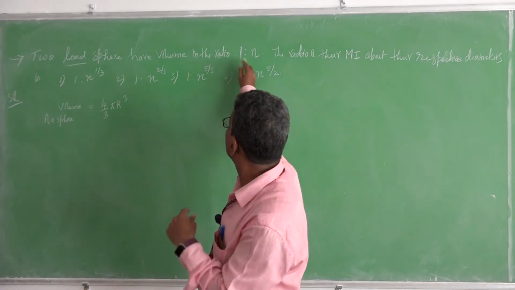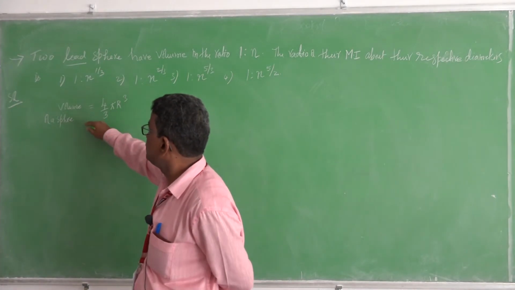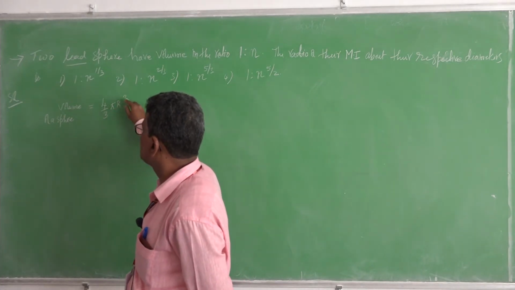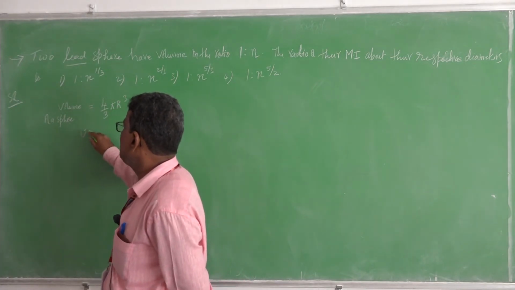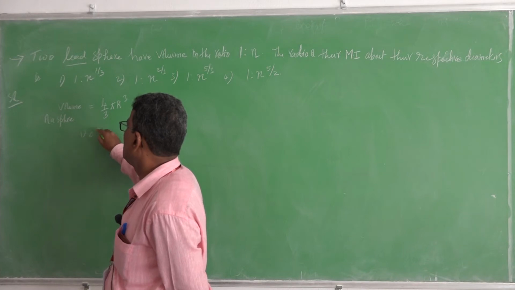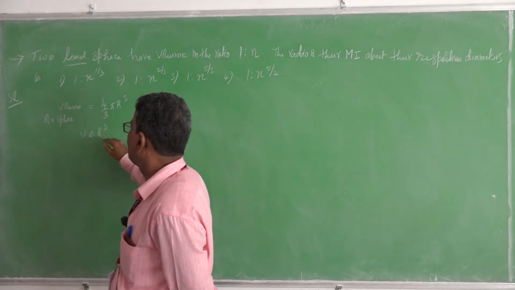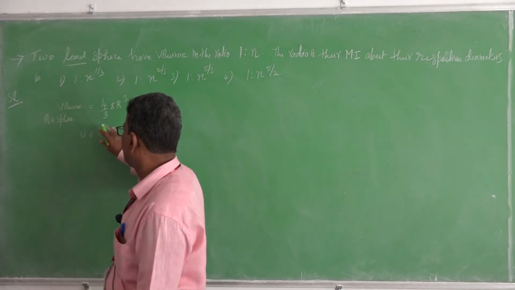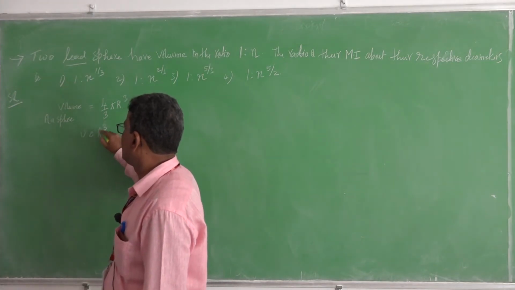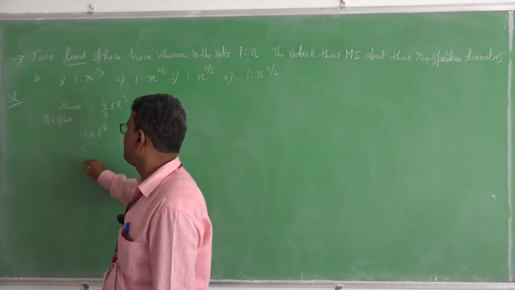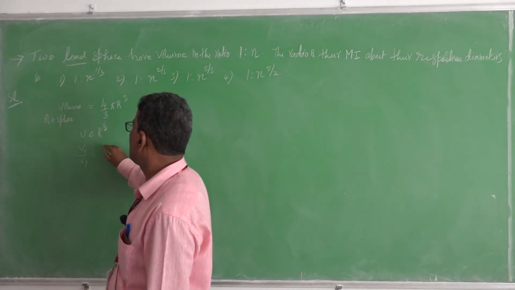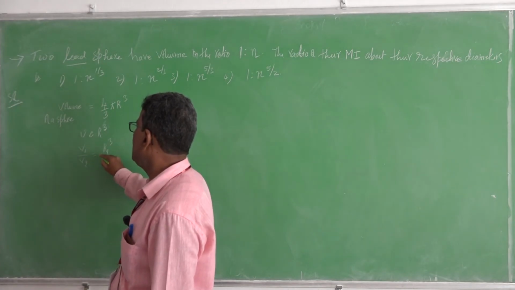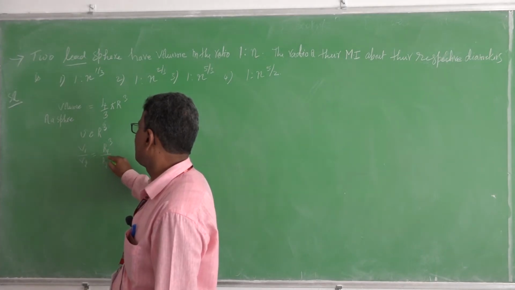Volume is 4/3 pi r cube, so V is proportional to r cube. So V1 by V2 is R1 cube by R2 cube.